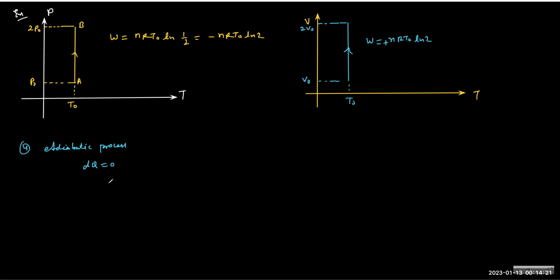Now, if you say that dQ is 0, can I use the ideal gas equation to derive the governing equation? Can you find the PVT relation? Yes or no?